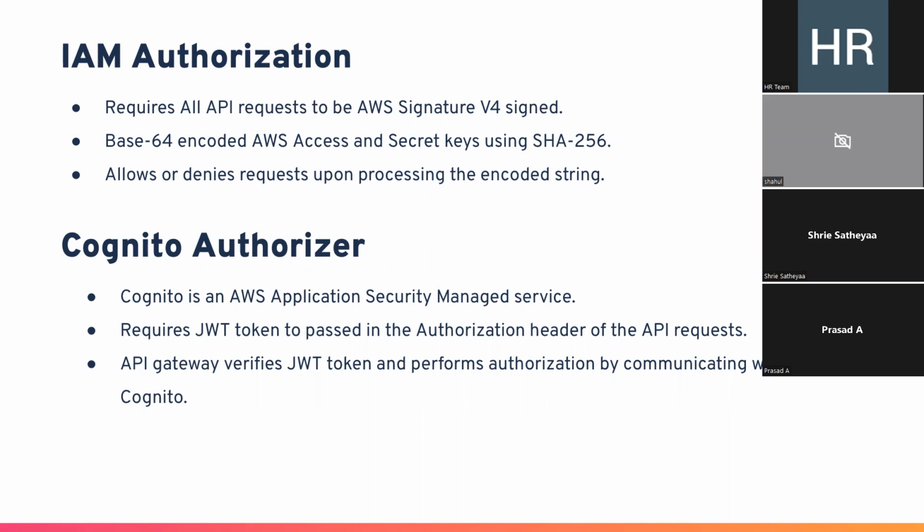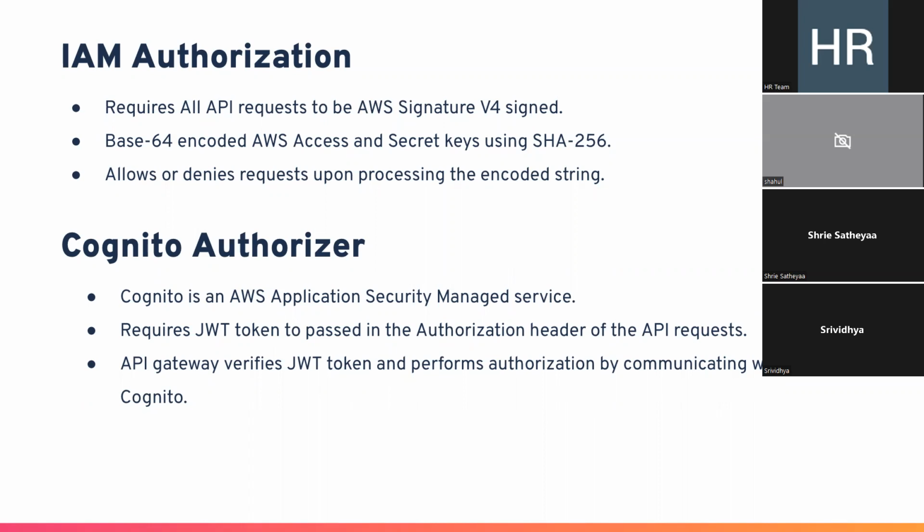It allows or denies requests upon processing those Base64 encoded strings. If a user doesn't have proper IAM permissions, the API Gateway will deny the connection establishment.